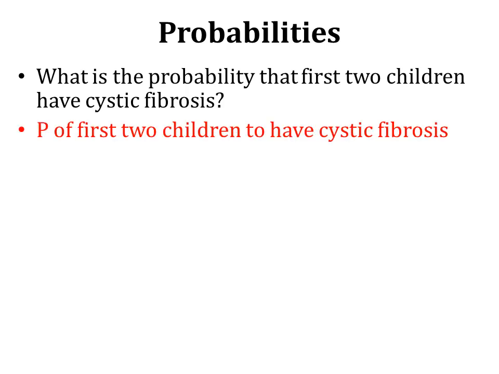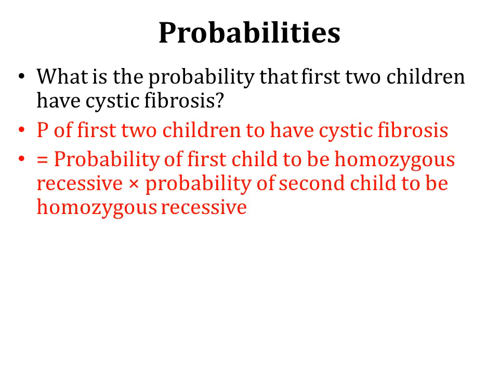So what should we do here in case of compound probability? We put down the probability of the first two children to have cystic fibrosis as the probability of the first child to be homozygous recessive multiplied by the probability of the second child to be homozygous recessive. Because persons who suffer from cystic fibrosis must be homozygous for the recessive allele, since this is an autosomal recessive disease.